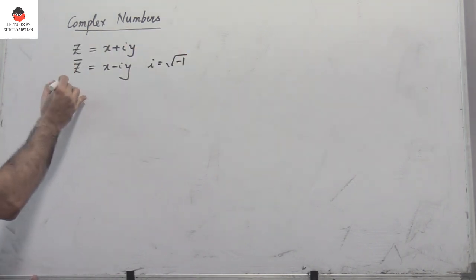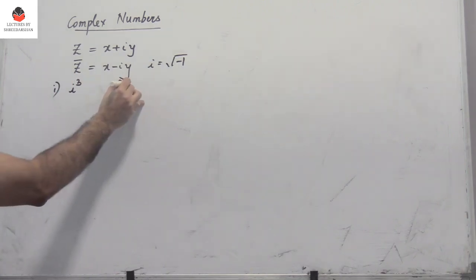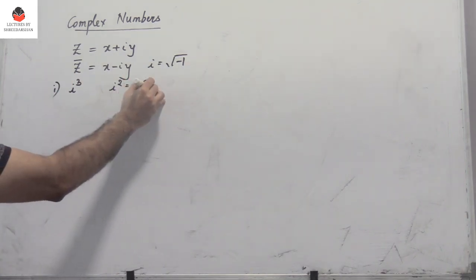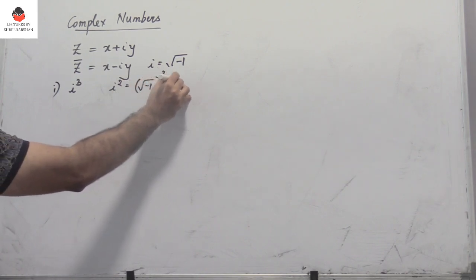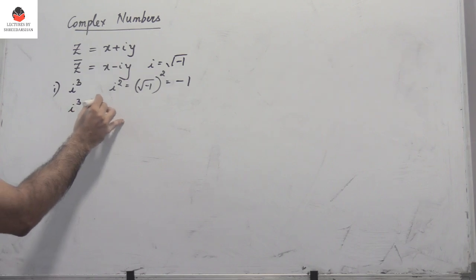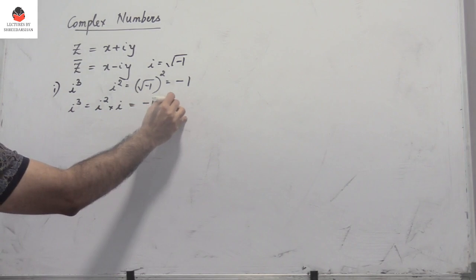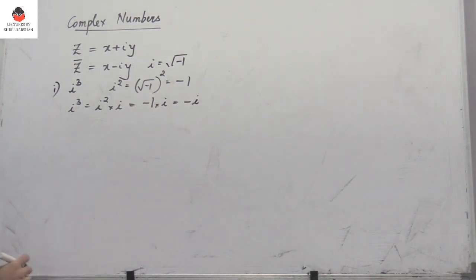So let us try to find the conjugate of i cube. So i square equals root of minus 1 whole square, which is minus 1. So i cube is i square into i, which is minus 1 into i, which is minus i.